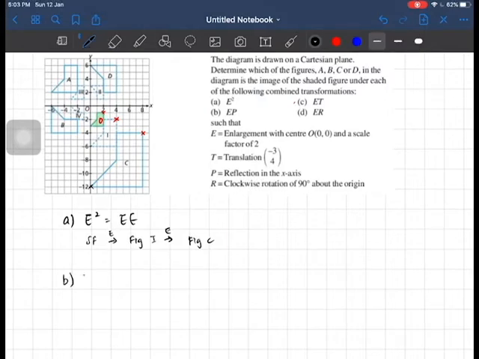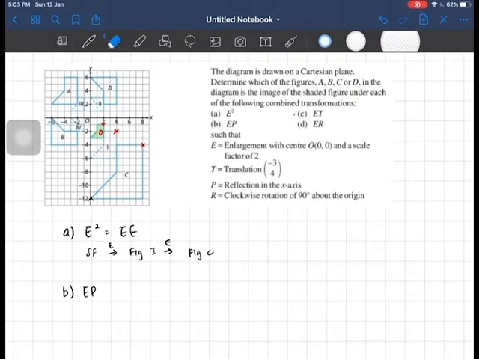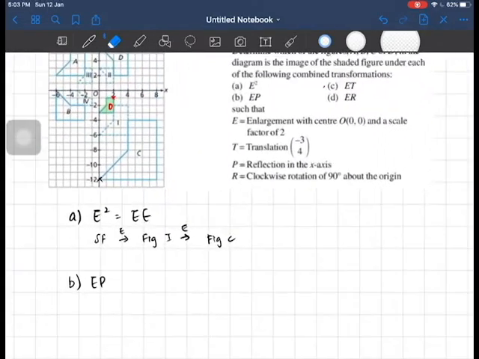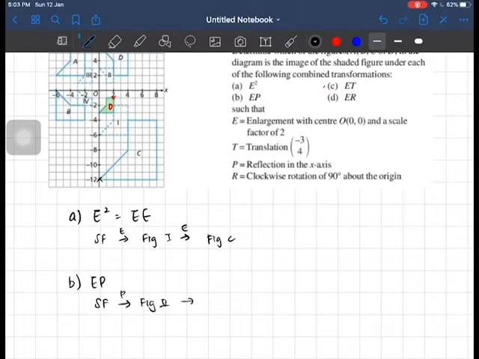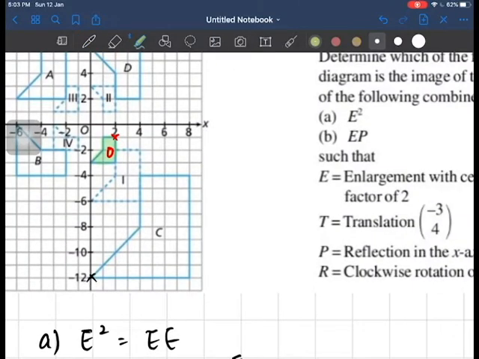So for B, it's EP. So what's P? Reflection in the x-axis. So in the x-axis, figure 2 will be produced, because both of these are similar lengths. Right, and then we're going to go transformation E. So from P, figure 2 will be produced.